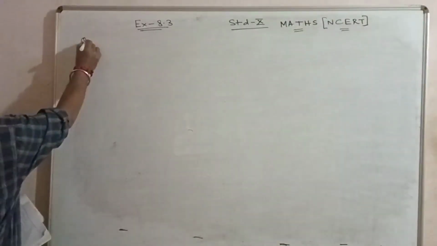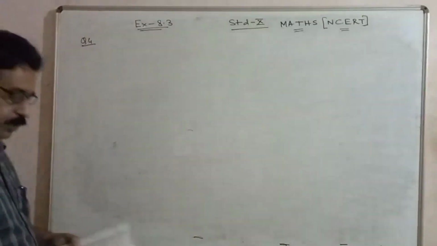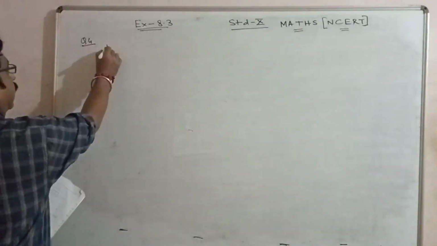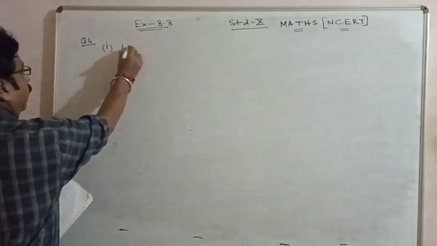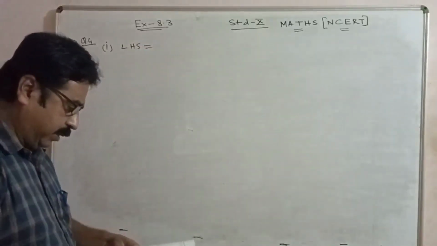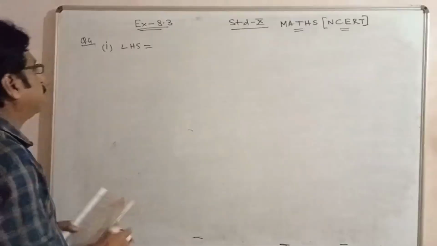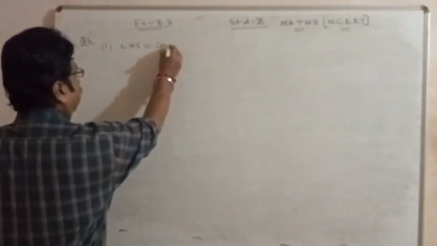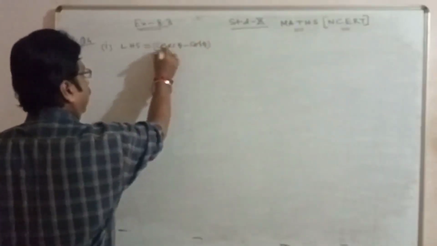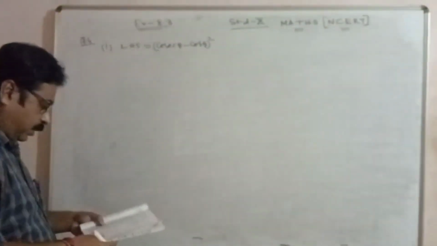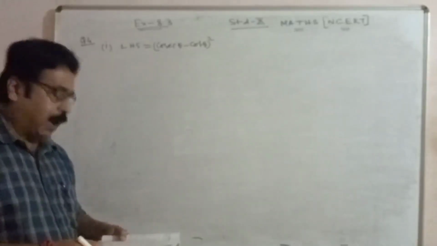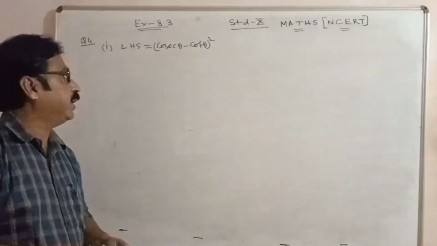From question number 4, first question. Left hand side is cosec theta minus cot theta whole square, and right side is given 1 minus cos theta upon 1 plus cos theta.